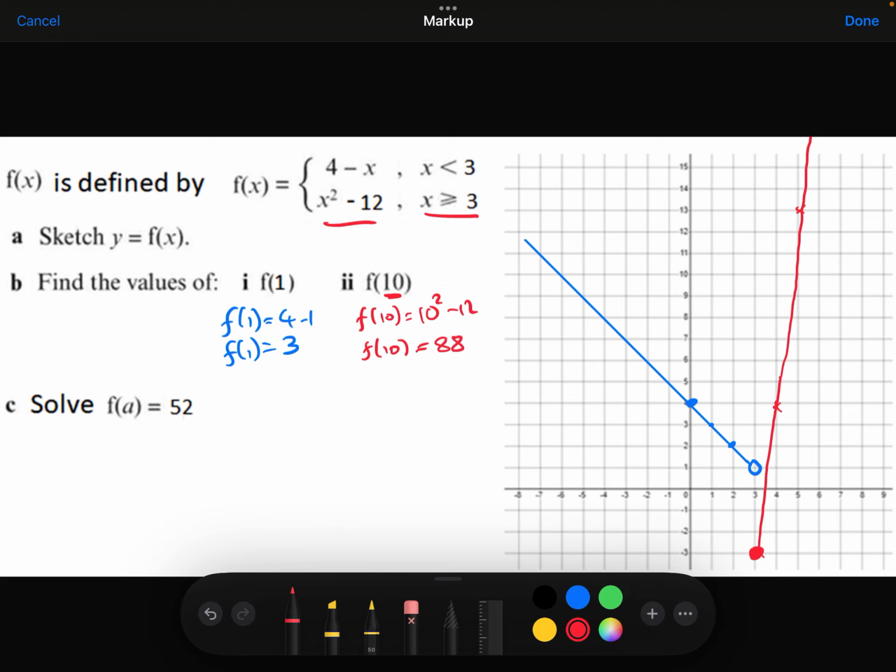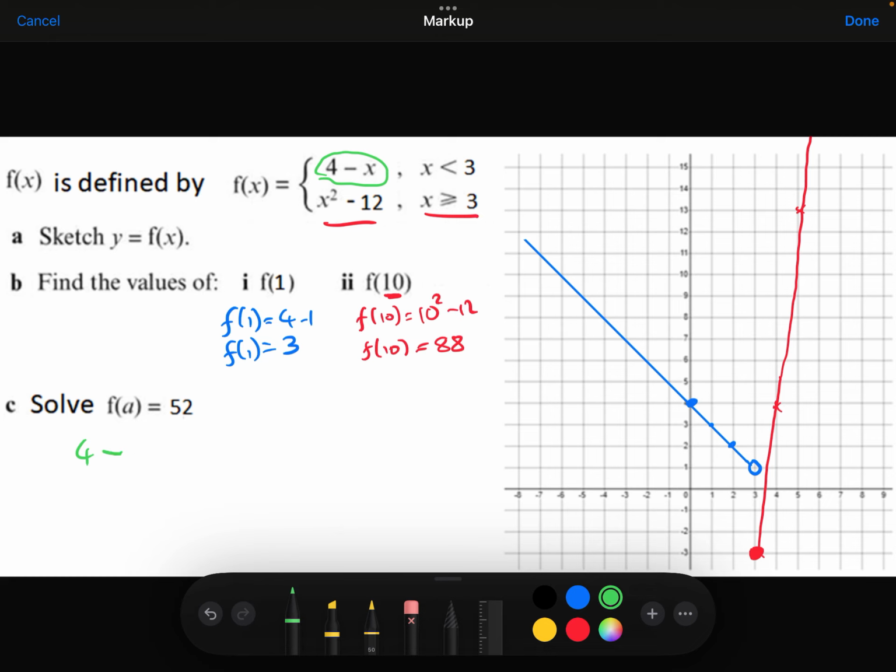And part C, solve the equation f of a is equal to 52. So when is our function equal to 52? Let's deal with the linear part of the graph first and see if there's any values of a that could make the function 52.